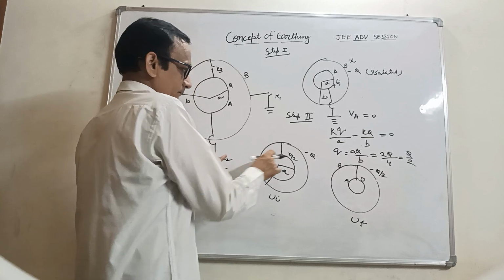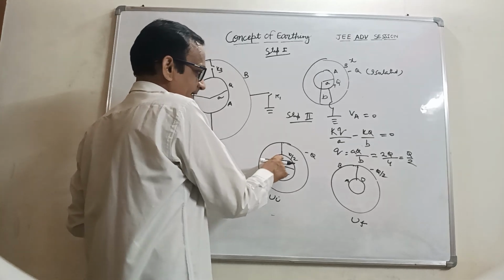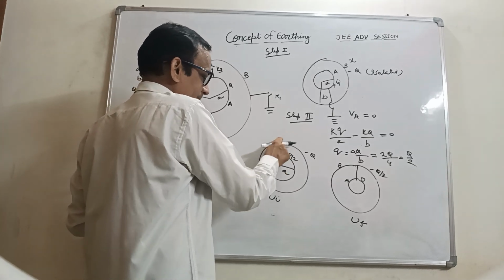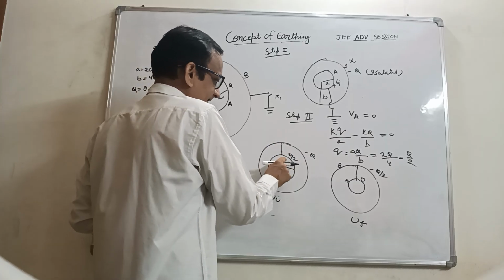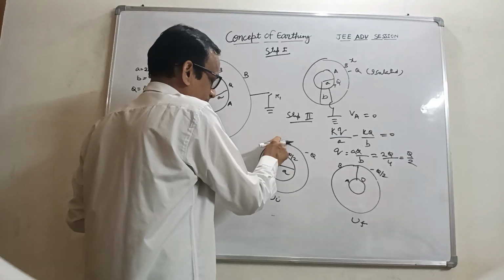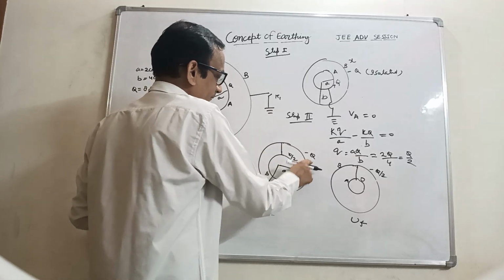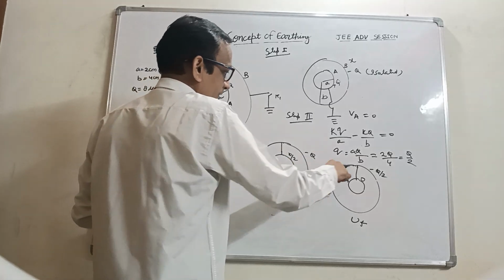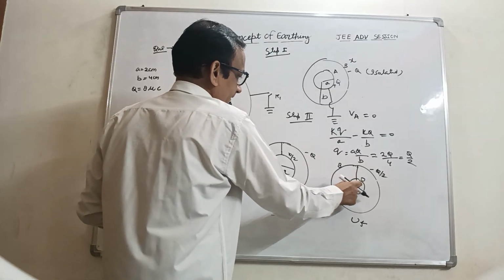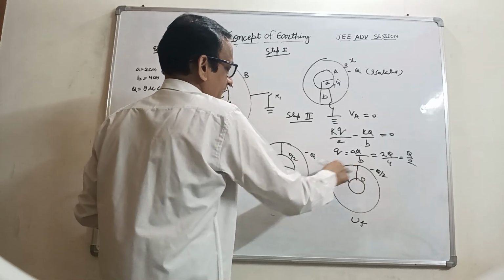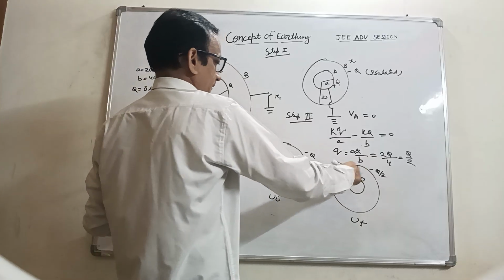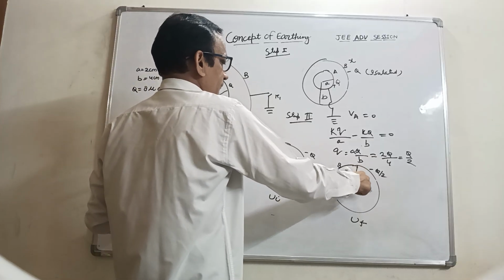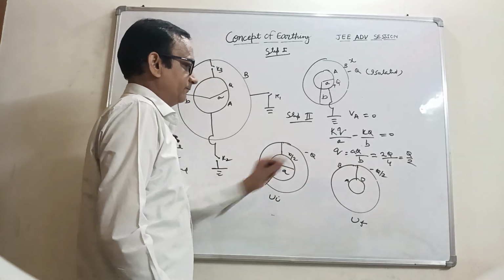Then on writing the potential at A and the potential at B, by the charge of this and by the charge of this, we calculate and find that the inner sphere would have zero charge on its surface.